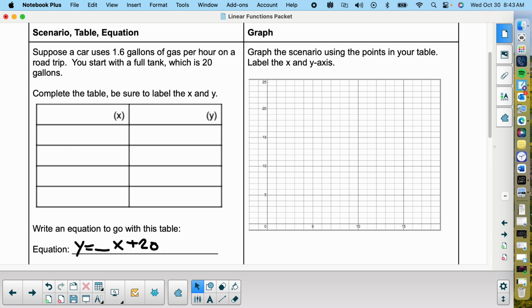Good. Is it going to be a positive number or a negative number? You're unsure? A positive number would make the amount of gas in your tank go up. A negative number would make the amount of gas in your tank go down.